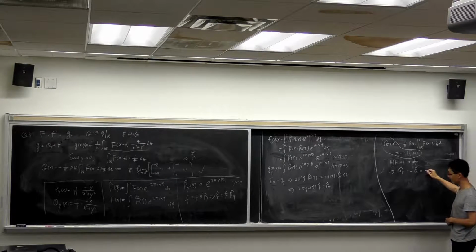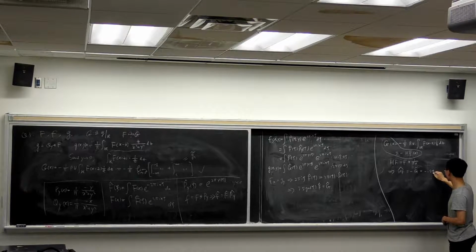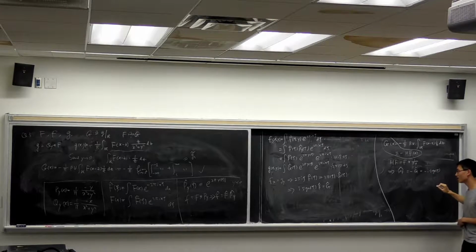From there we get negative i sine c times f hat. So this actually tells us the formula, the multiplier, the Fourier transform for the Hilbert transform.